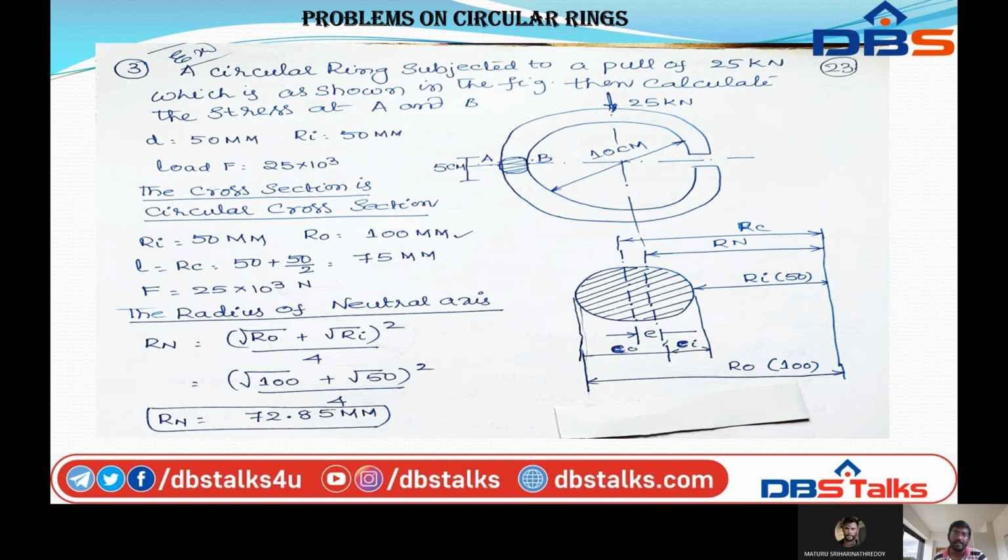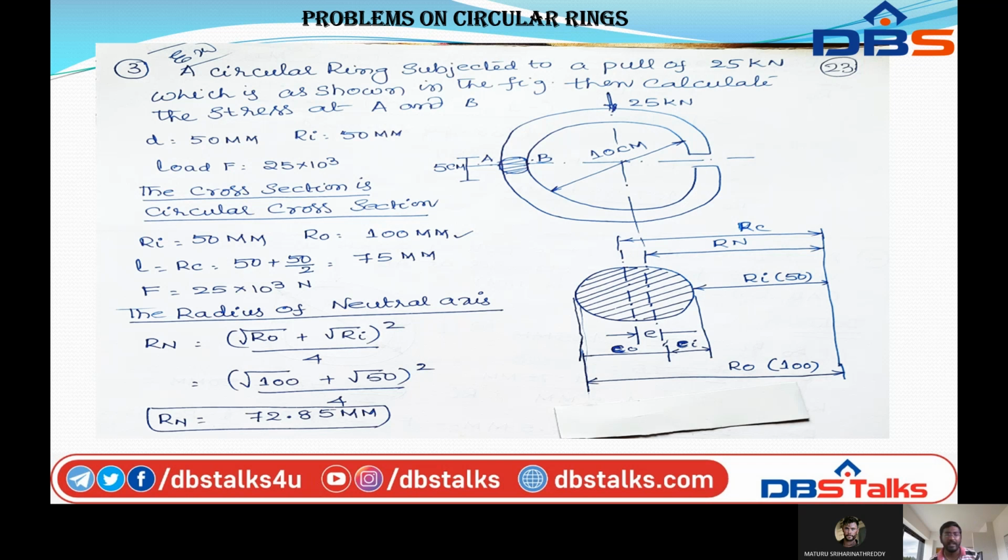So Rc equals the radius of the circle, 50 by 2, plus Ri, that is 25 plus 50, equal to 75 mm. The force F is equal to 25 into 10 cube newtons.